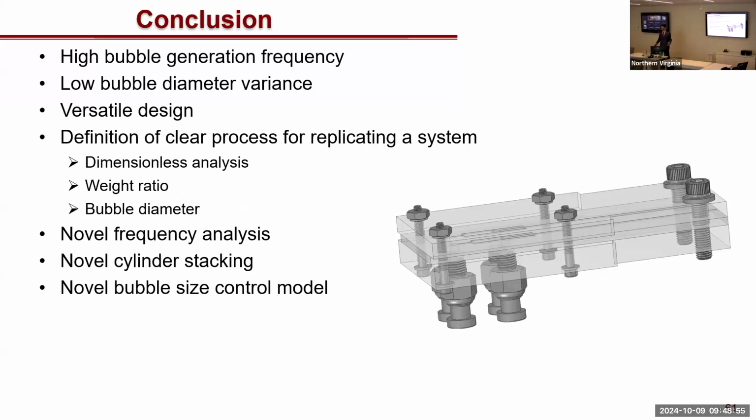So to wrap things up, in this study, we created a way of generating bubbles with high precision and high frequency. The variance of the bubble diameter was about 6%. The design can be used for all sorts of different microfluidic geometries.